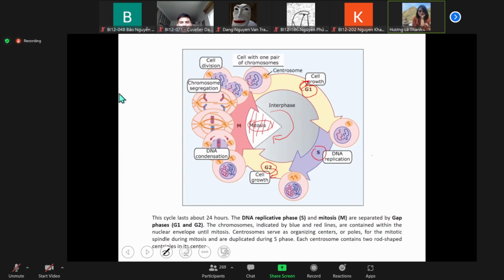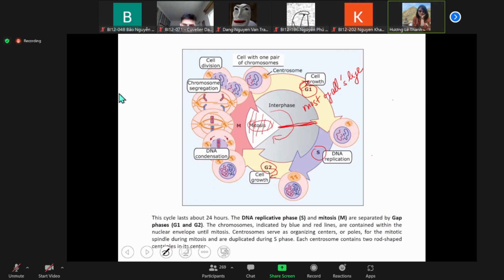In G1, most of the cell life is spent. So G1 is the big part of the interphase, most of the cell life.